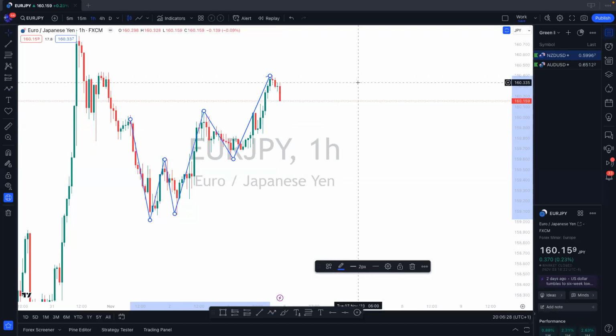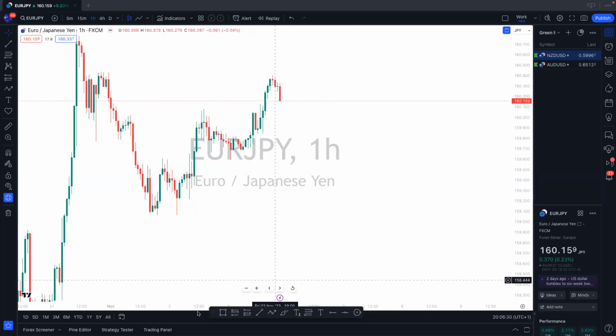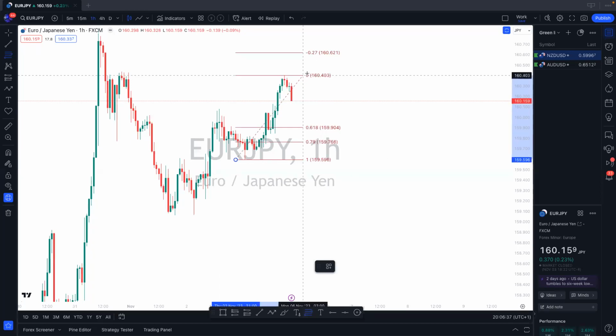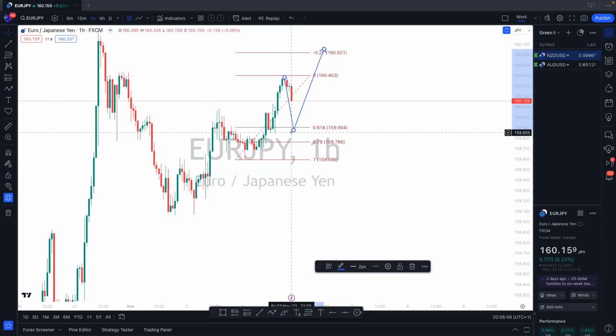So what can we do in this case? Let's plot our Fibonacci and get where we can potentially enter our trade from. From the low to the high, look at where the 0.618 level is. What we'll be looking out for is price coming back to tap the 0.618 level and buying from there to the upside. Once price gets here, it's your choice. You can either enter aggressively or conservatively.